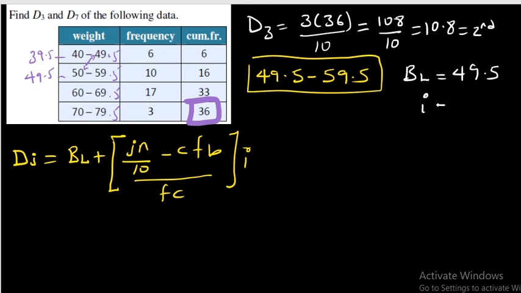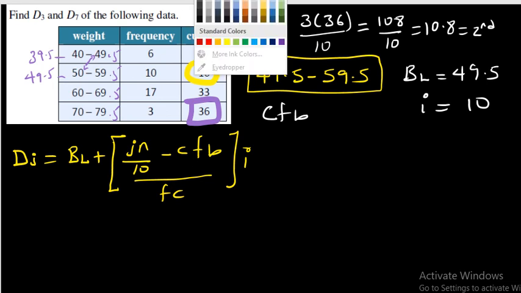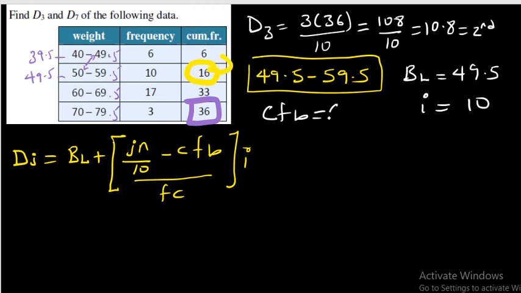Next the interval, 59 minus 49, that is 10. And CFP, the cumulative frequency of the class before it. The class is the second, so before it, that is 6. And the frequency of the class, the second class, is 10.